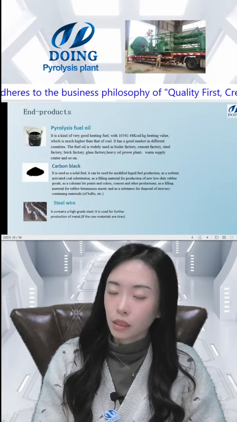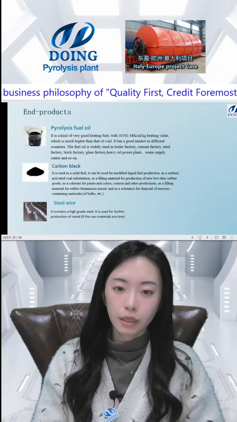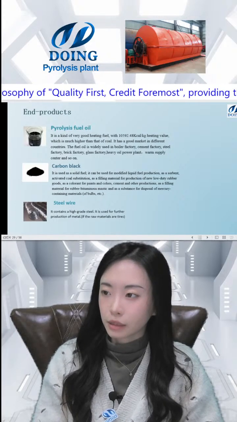And the carbon black, the second main product, is used as a solid fuel.